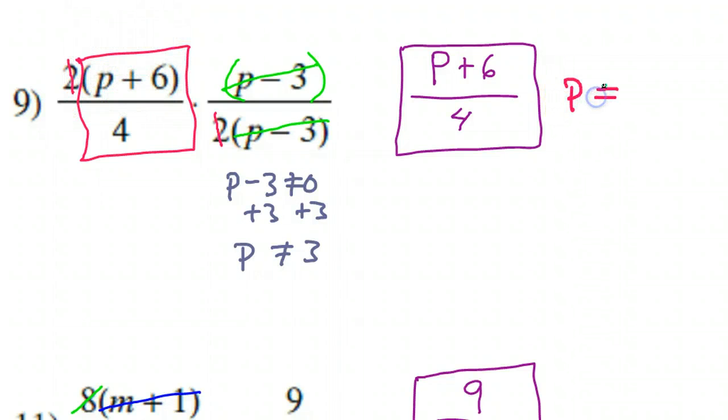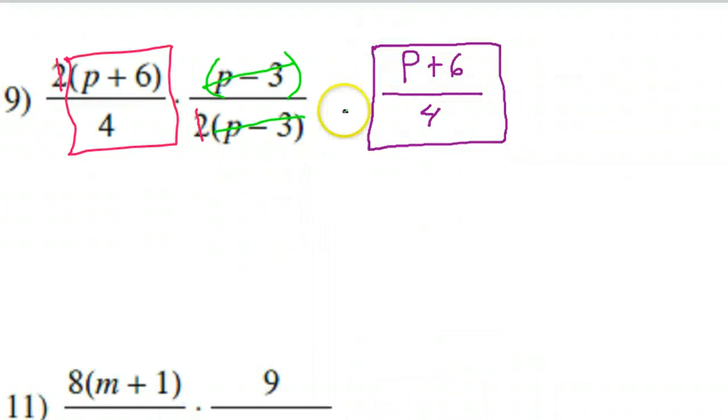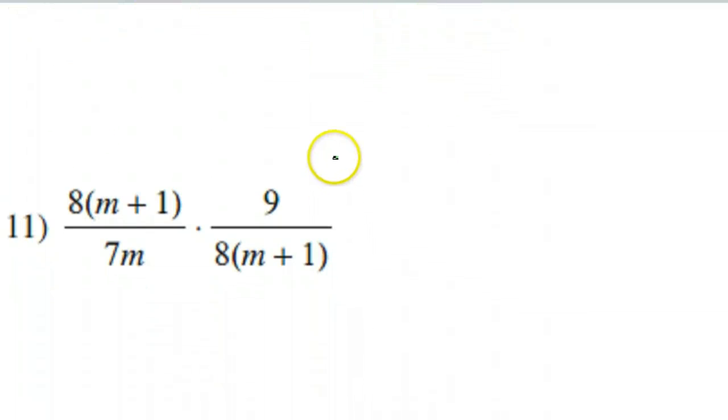So that's our restriction. P cannot equal 3, because if it did, I'd have 3 minus 3. That would make 0. I've got a 0 denominator. That's a big no-no. All right, let's keep going.